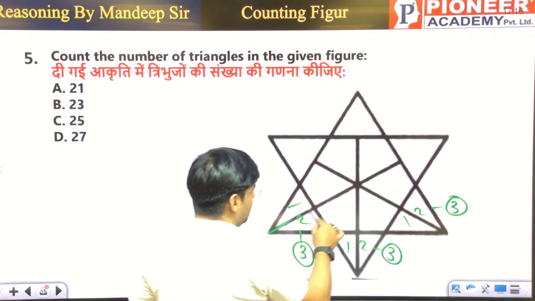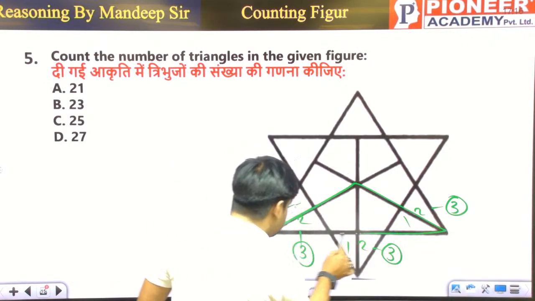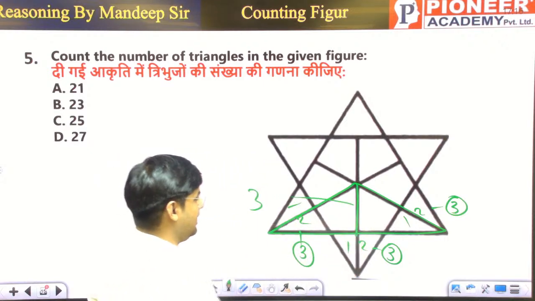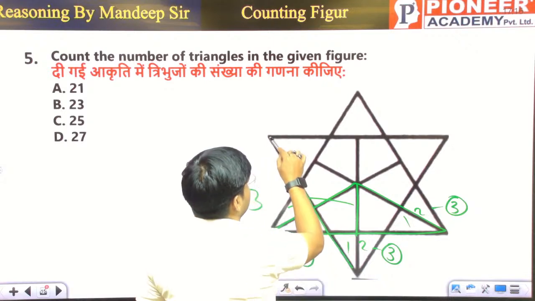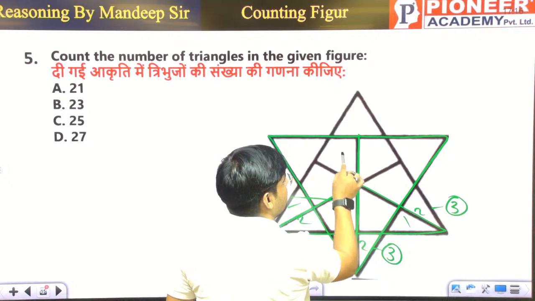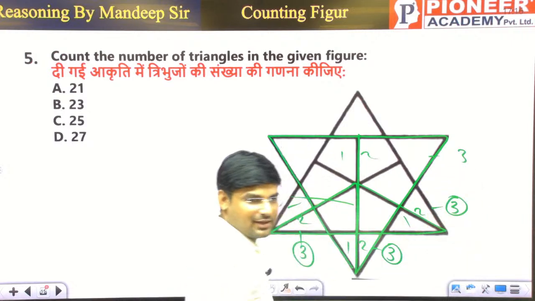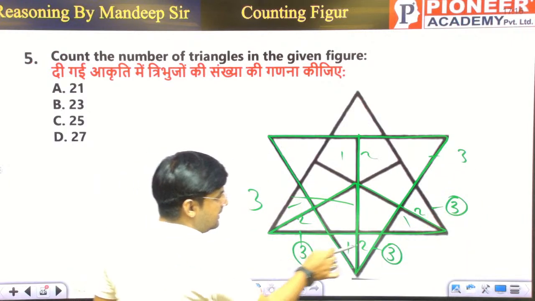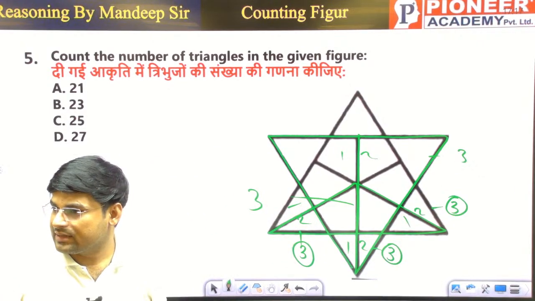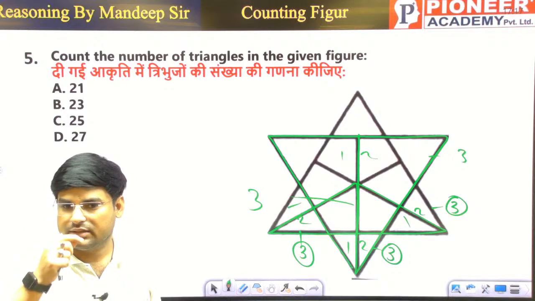And in this bigger triangle, there are also 3 triangles. And in this biggest triangle, there are also 3 triangles. How many triangles? 3, 3, 3, 3, 3. 15. There are 15 triangles. We got 15 triangles. Clear or not?